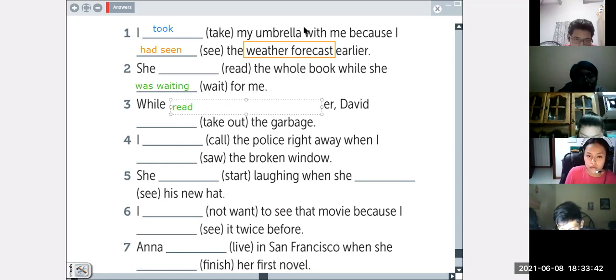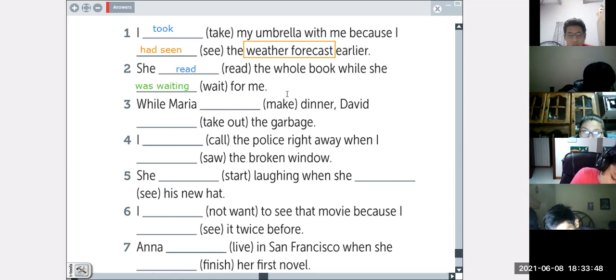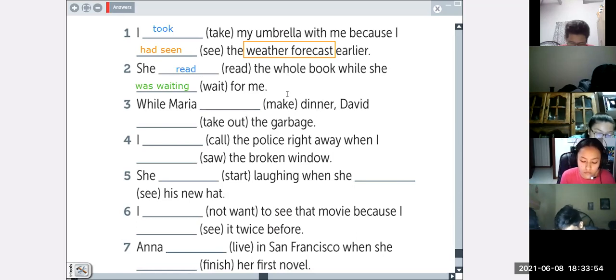Entonces podríamos decir, she read, ella leyó todo el libro. Terminó de leerlo. Recuerden que utilizamos el past simple cuando estamos hablando de una acción que termina en el pasado. ¿Ok? She read the whole book while she was waiting for me.